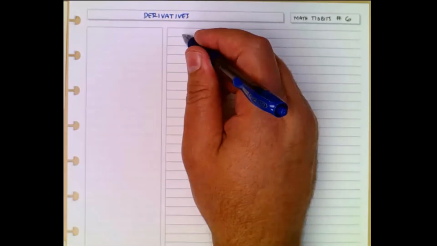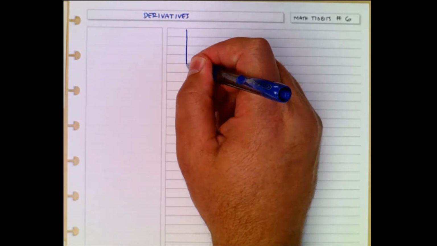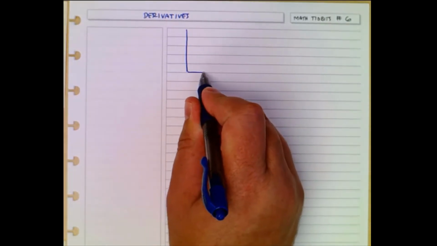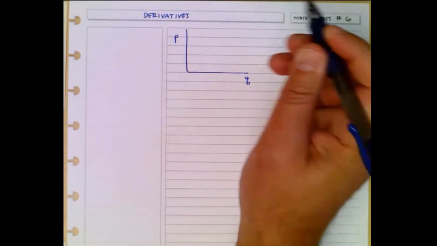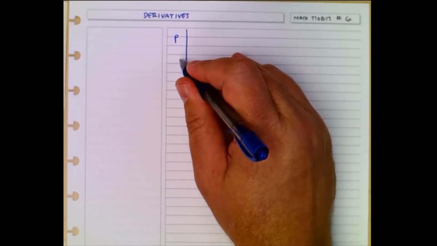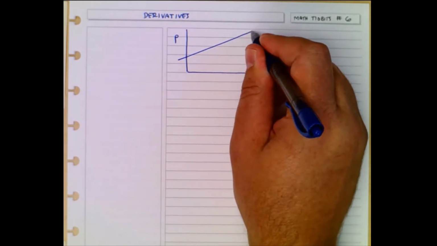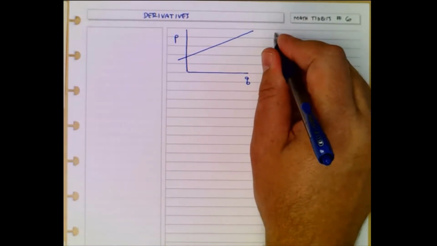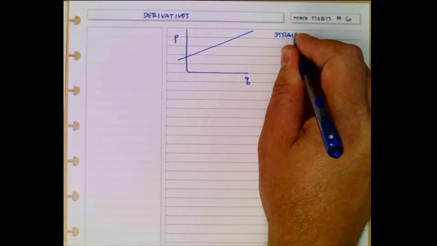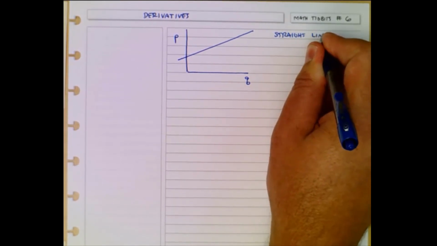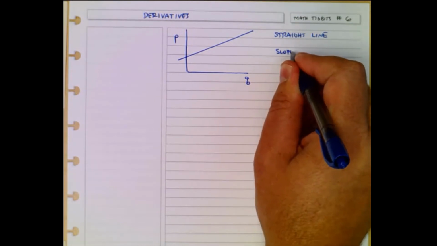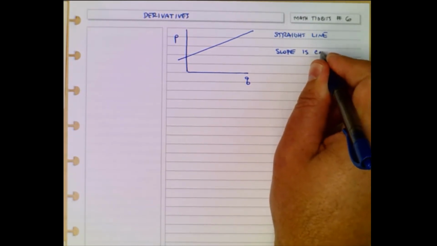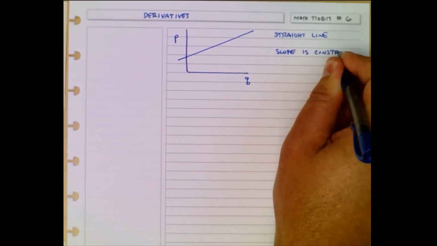All right, so if I have a variable p and a variable q of some sort that are related linearly, then if I plot p versus q, I will expect a straight line, right? The slope of this line is constant.